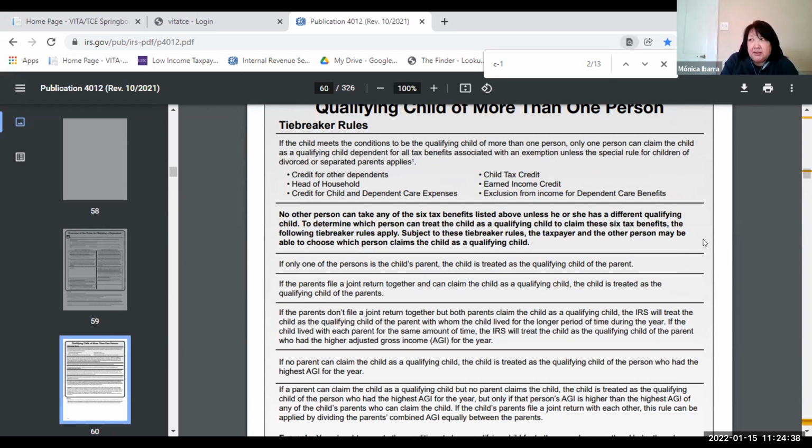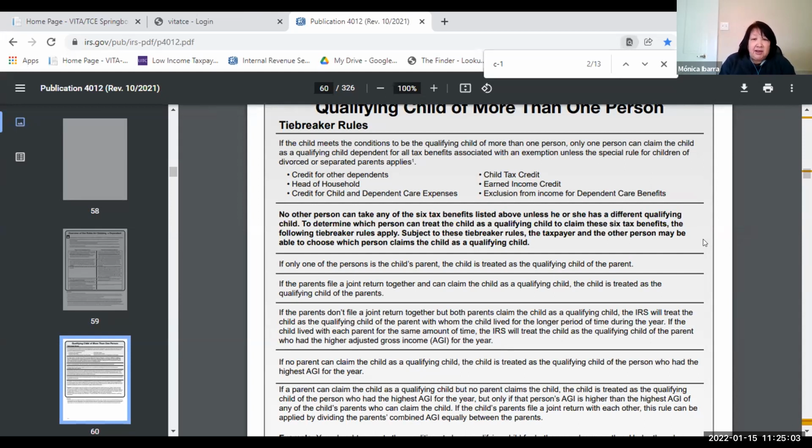There are times when the parents have decided outside of the tax arena, in a civil court, that one parent is going to claim the child in even years and the other parent in odd years, or if they have more than one child.